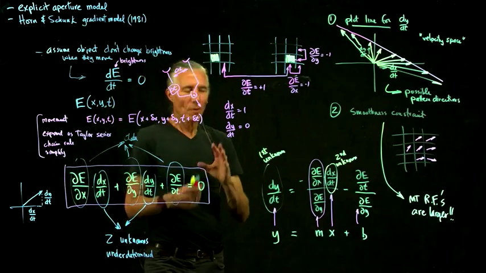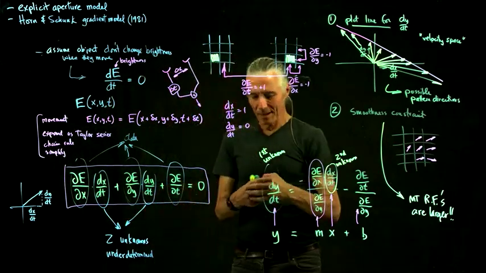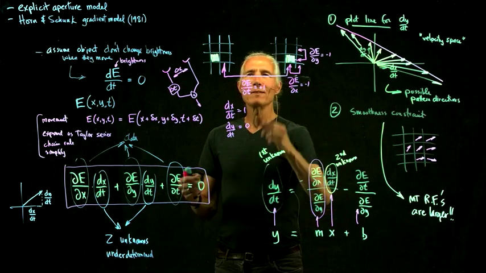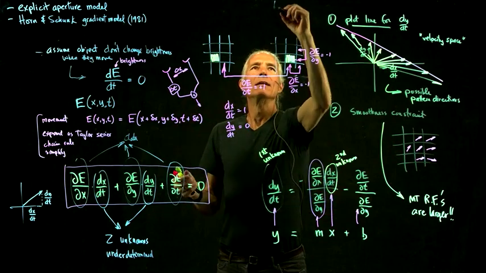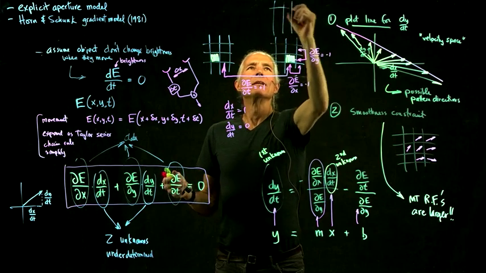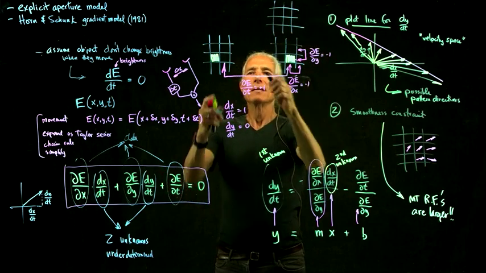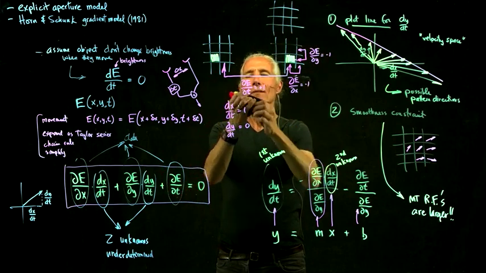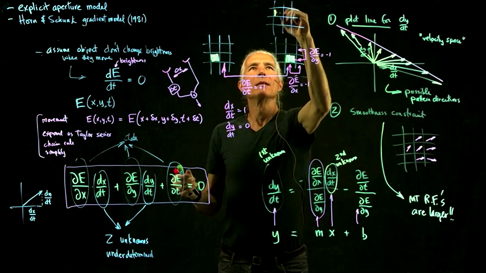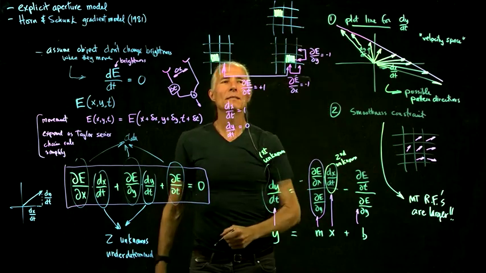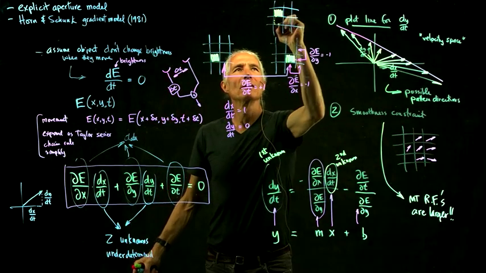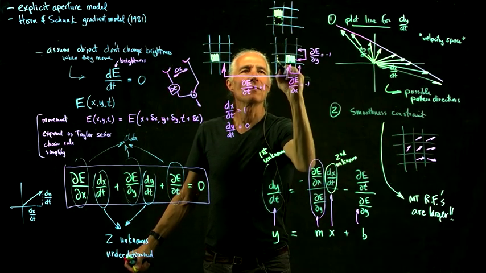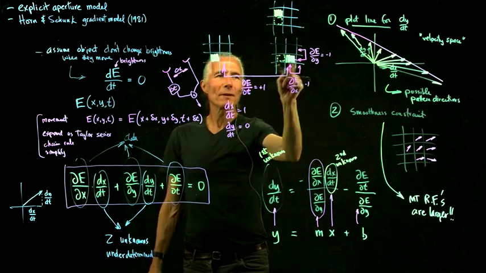But what is the aperture problem? The aperture problem is, well, what if instead of doing that, what if instead of moving to the right, let's say we moved up. So what if we moved up instead of moving to the right? Here's where we were before. So in this case, we moved 1 pixel to the right.